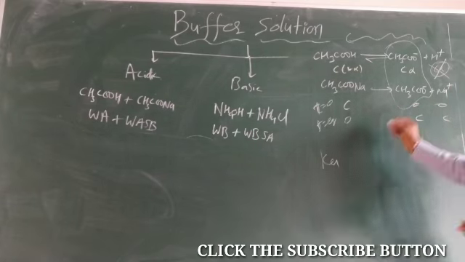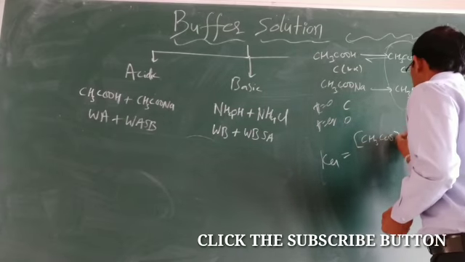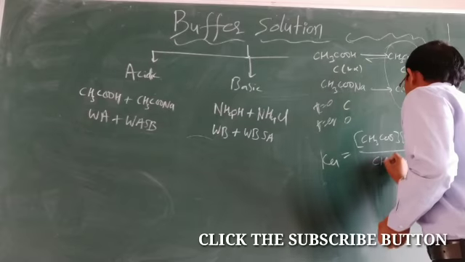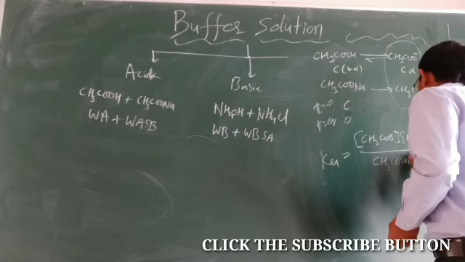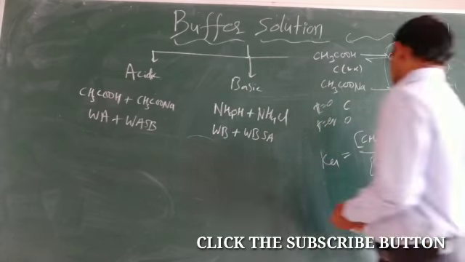Now Ka equals CH3COO minus into H plus upon acetic acid. This H plus concentration we don't know, and that is what we are going to calculate.